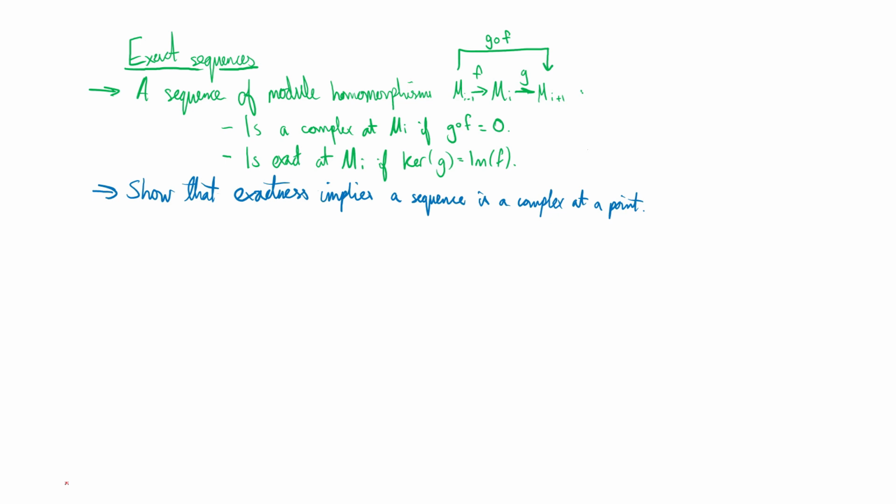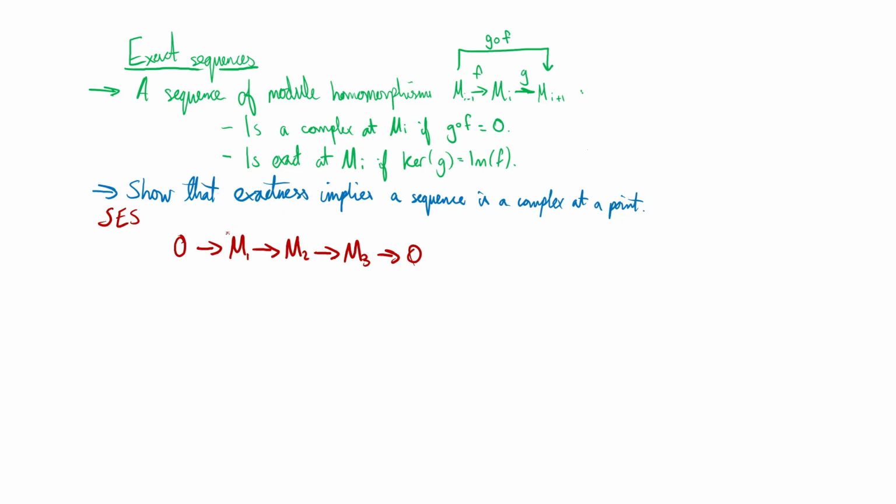But a short exact sequence, so I'm going to write SES, is of the form 0 into M into M1 into M2 into M3 into 0, and it's exact at all the middle points.